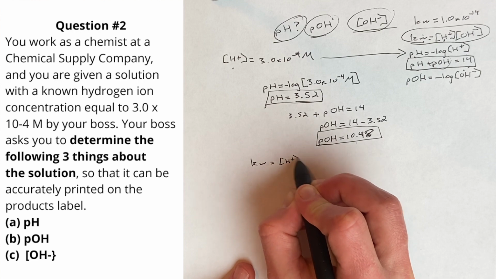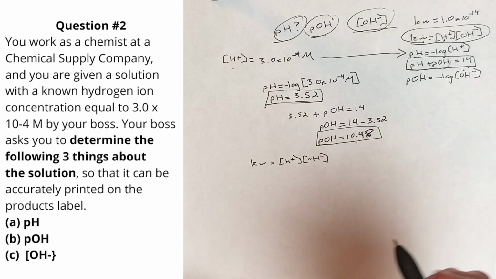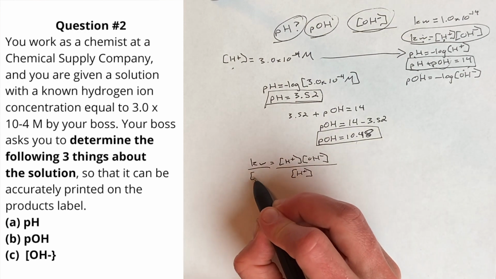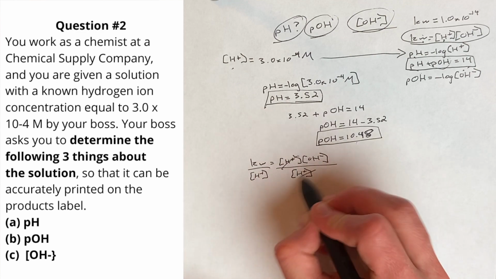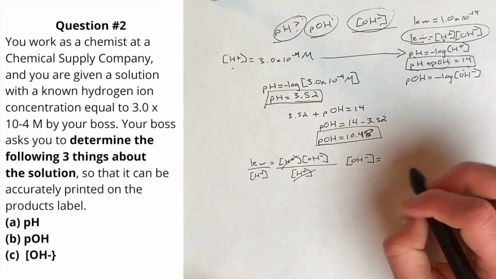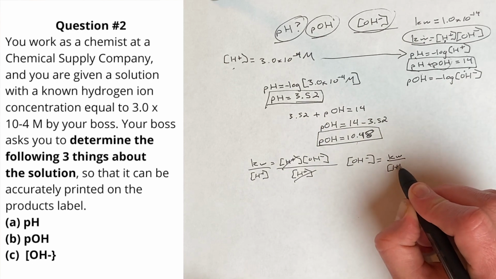So we'll rewrite our equation here. And then we'll plug in, or we can rearrange first. You're going to divide by H plus. It's going to cancel out. Your hydroxide ion concentration is going to equal the self-ionization constant of water divided by H plus.